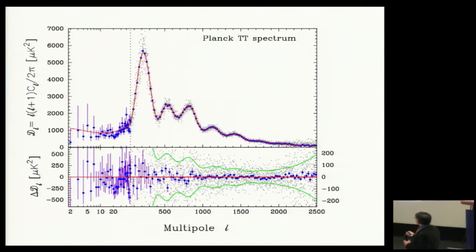And this green line here shows you the error model that we compute that describes the distribution of the individual L by L points. And this model also accounts for all of the correlations between different multipoles.